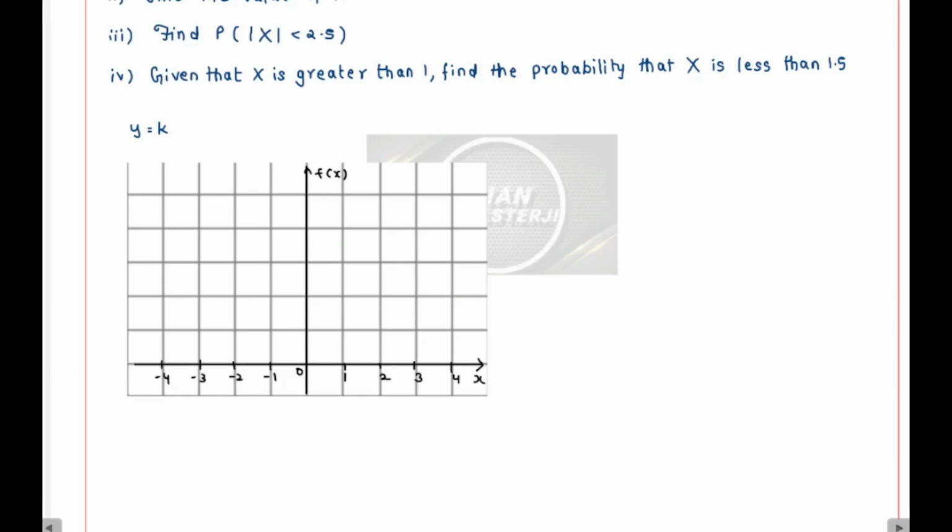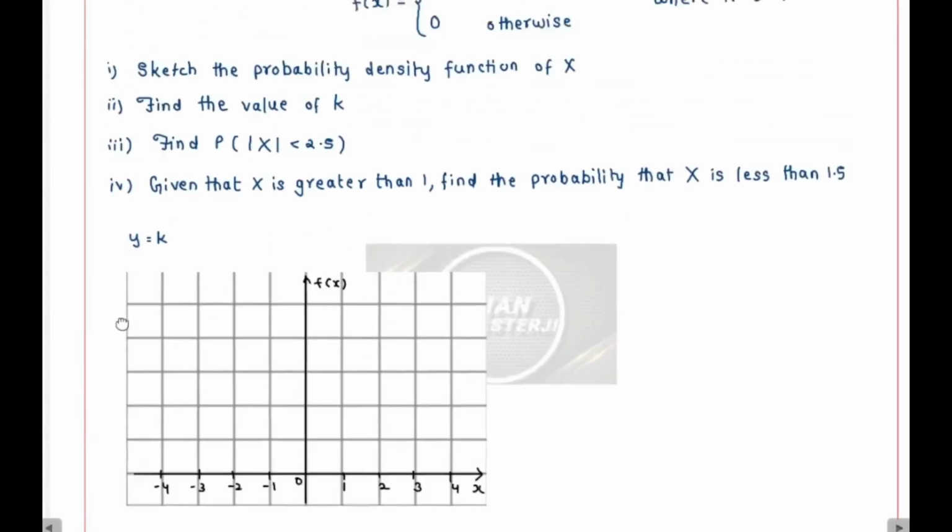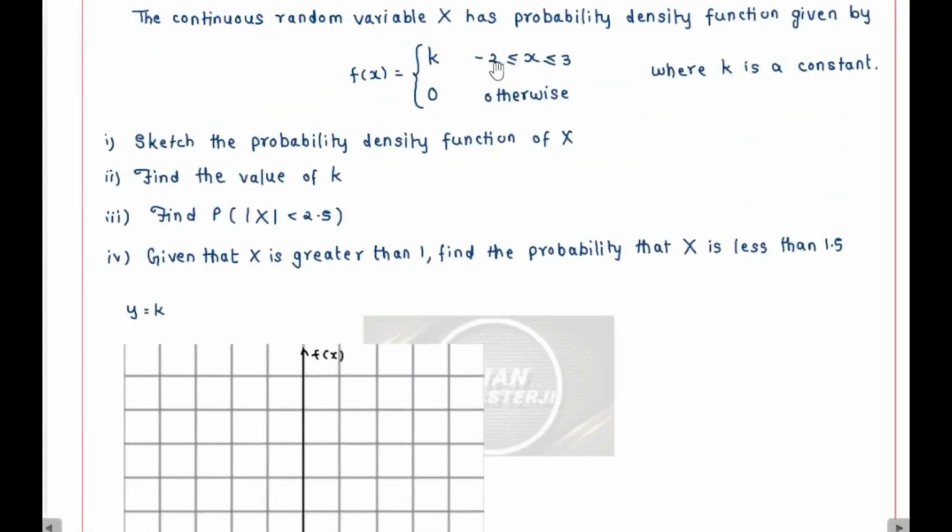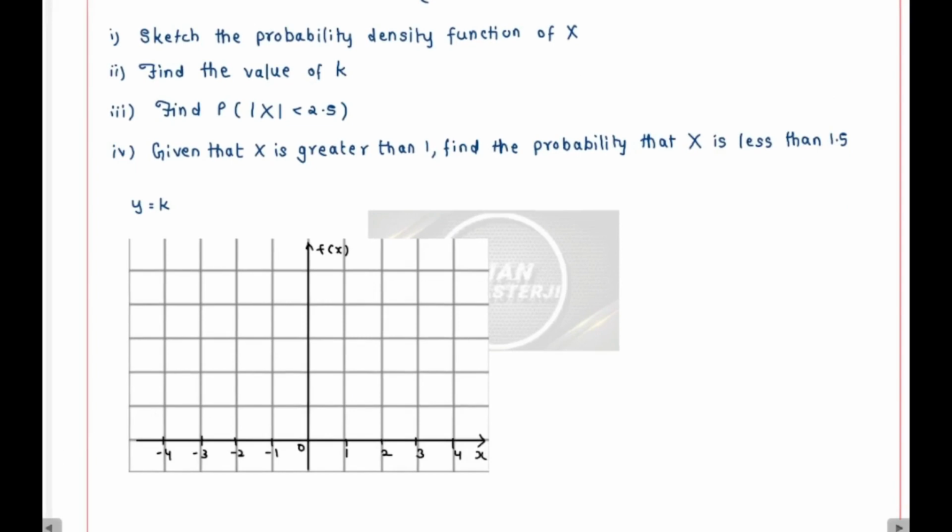Now f of x is equal to k only for the interval -2 to 3. So that means it will be a straight line from -2 to 3, parallel to the x-axis. Beyond 3, f of x is 0, so it will be a line on the x-axis because the f of x value is 0.